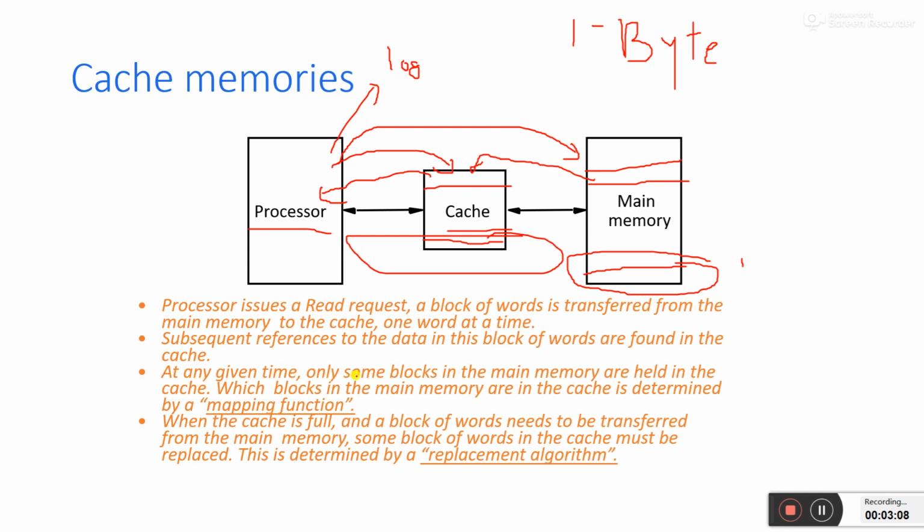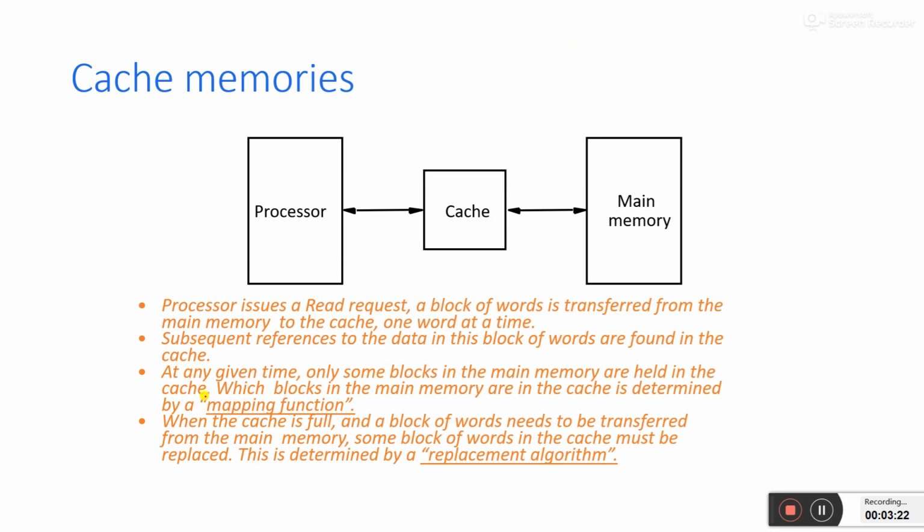At any given time only some blocks in the main memory are held in the cache, and which blocks of the main memory are in the cache is determined by a mapping function. So the point is how the data will be captured by the cache, because the size of the cache is smaller than that of main memory.